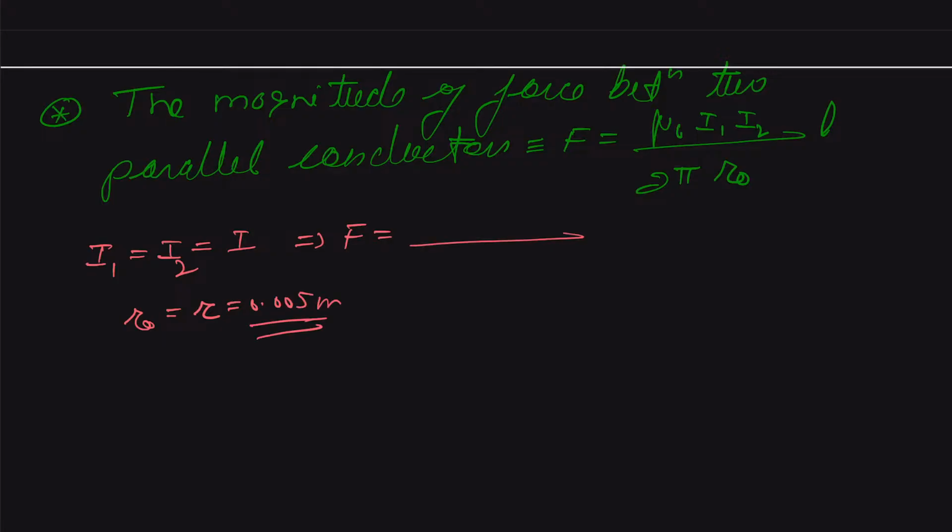So we can write this is equal to mu naught I square over 2 pi R times the length, and the length in our case is, sorry, not L total, but the actual length on which the force is acting. L total is the total length. So the conductor is our CD, so the length of section CD is 0.15.